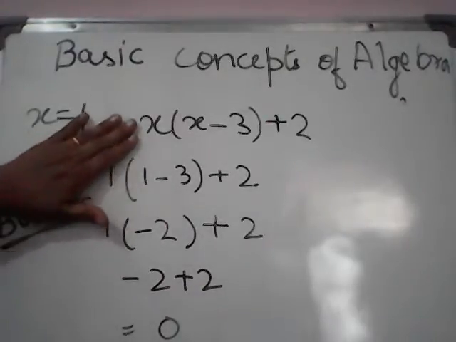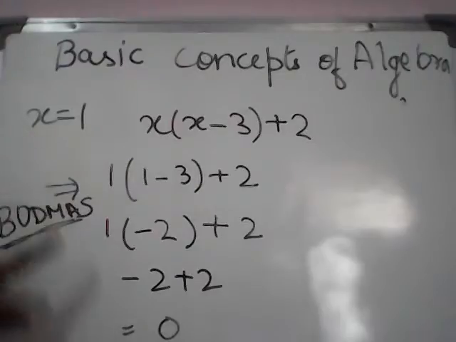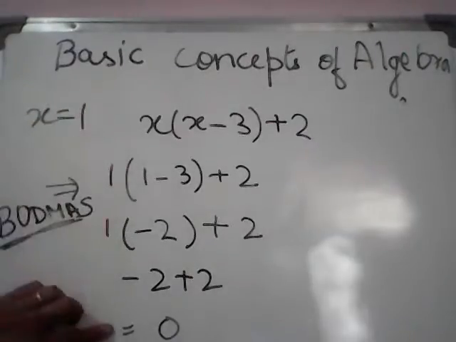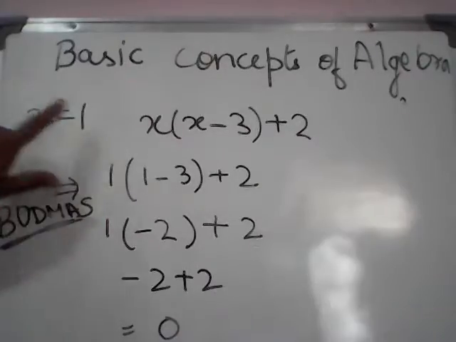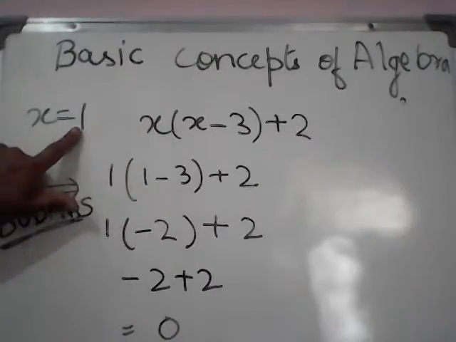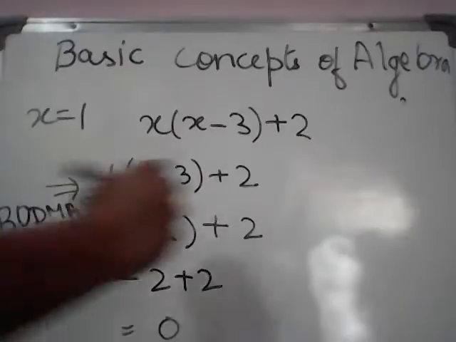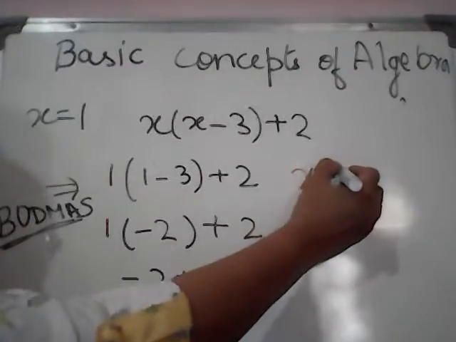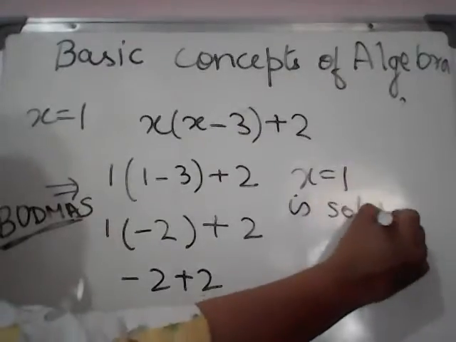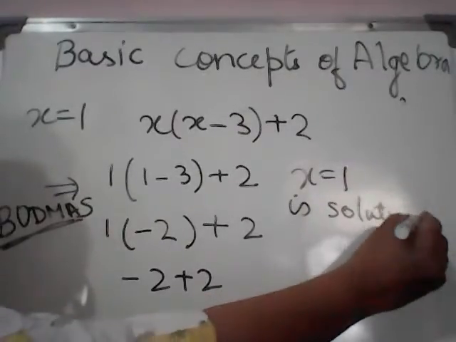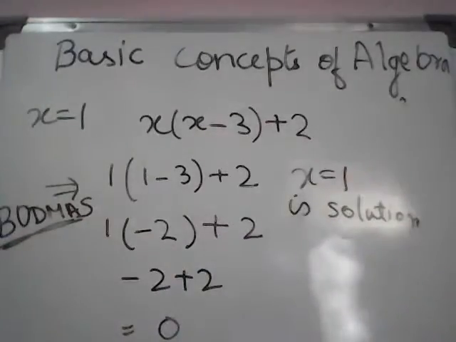So the value of this expression on putting x is equal to 1 is 0. So when we get the value of the expression as 0, x is equal to 1 is a solution of this expression, or we can say it is a root. Both we can say.